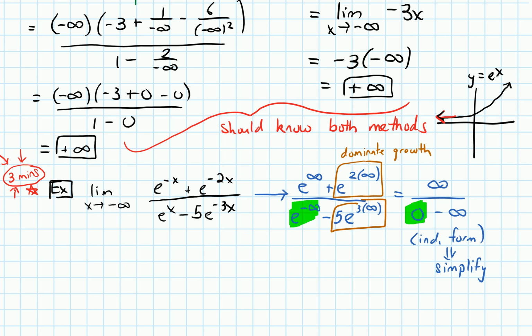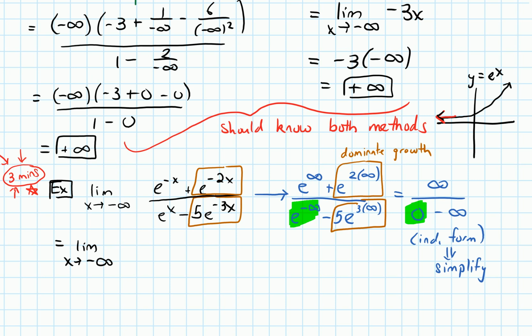So just like we did in the example above, we are going to factor out those terms that dominate the growth. So I want to do this without the shortcut. So the term that dominated the growth in the original function was this one on the numerator, this one on the denominator.